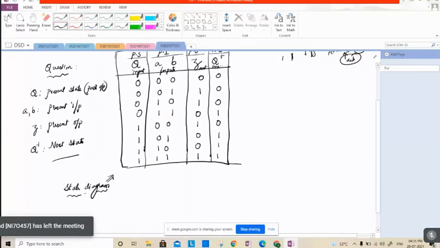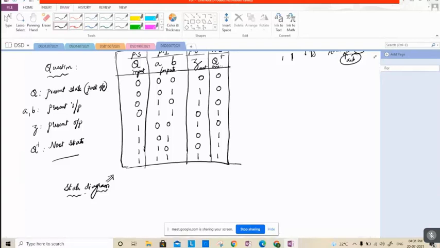So how many states are present here? 2, sir. Right, only 2 states are present here. One is state 0.